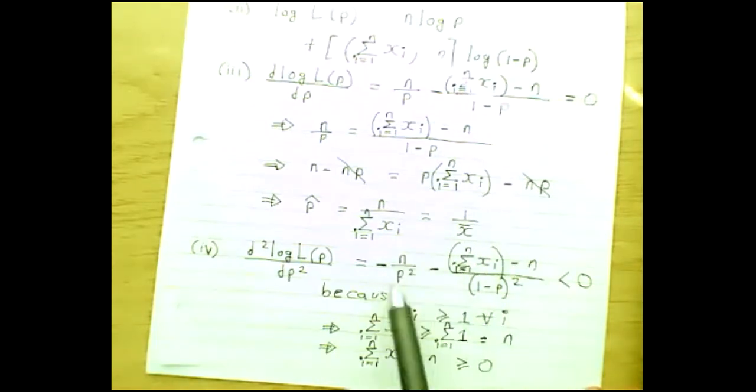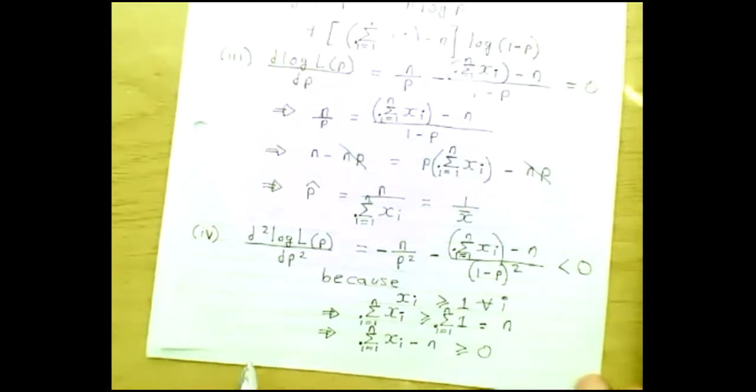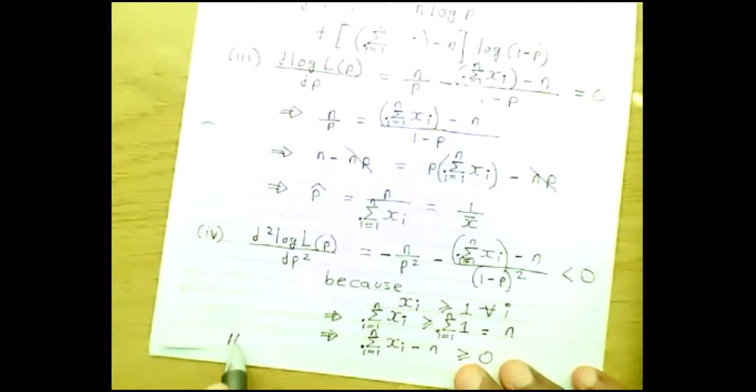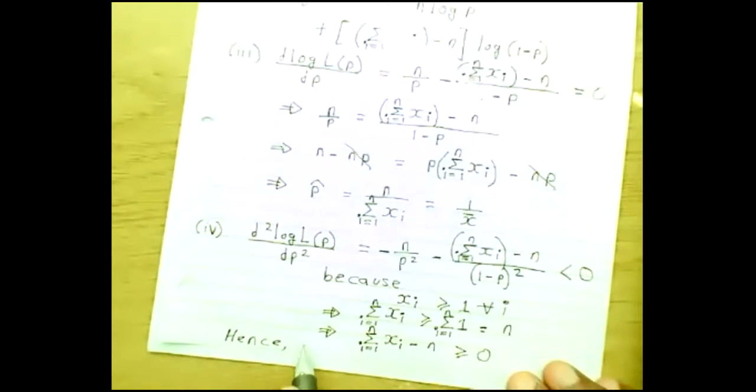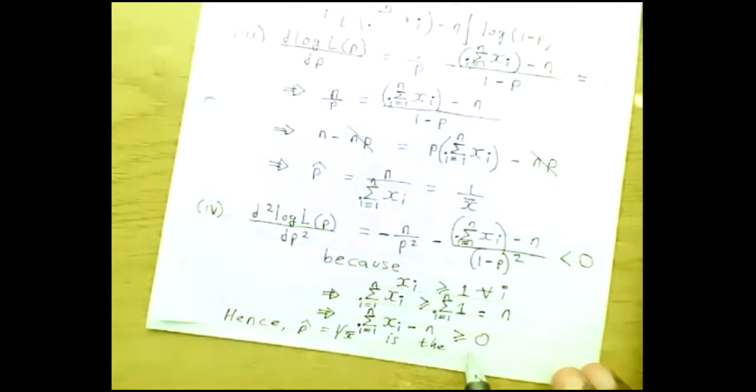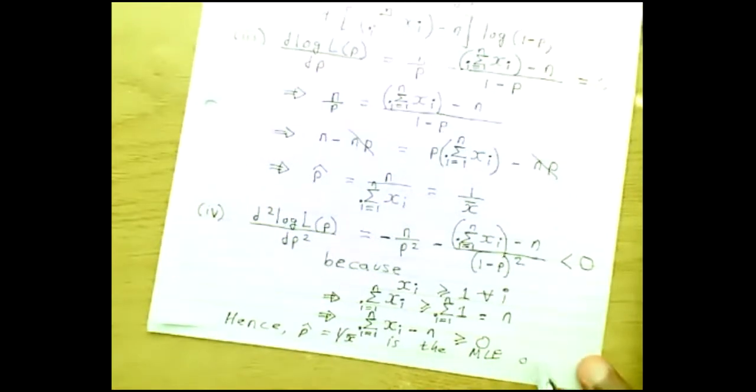So that means that the whole thing has to be less than 0. So hence we have shown that p hat equal to 1 divided by x bar is the MLE of p.